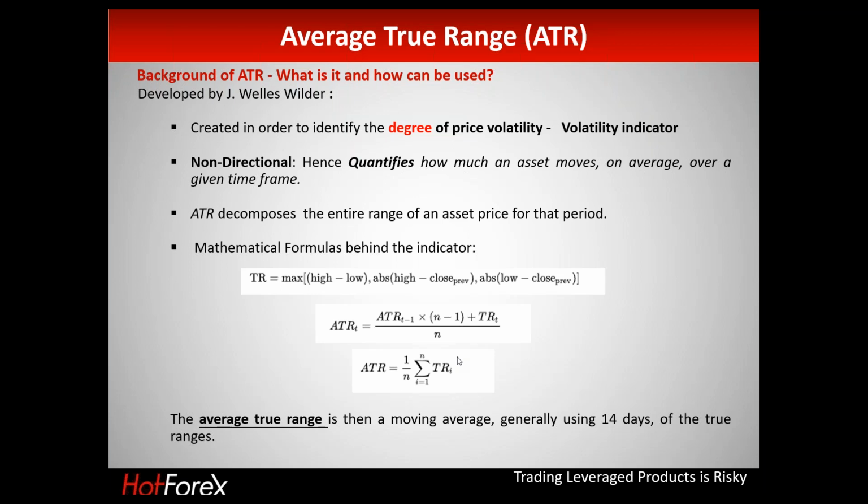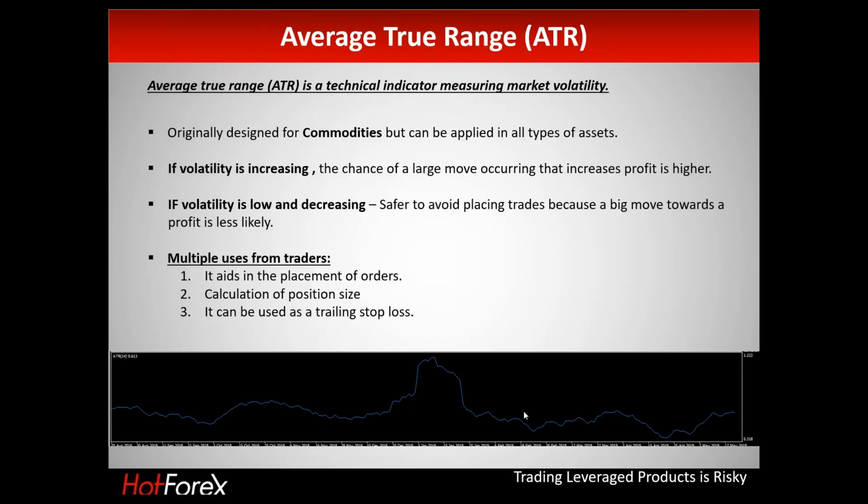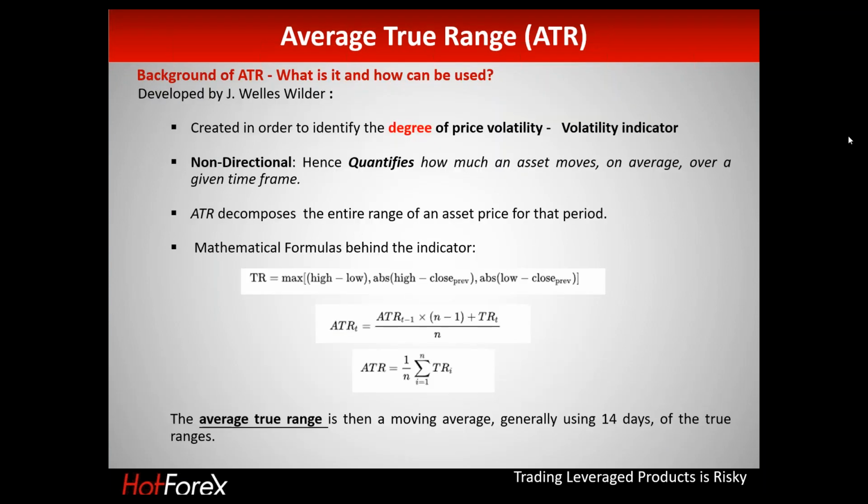So what we are actually seeing in our charts, and I'm referring to this one, is the average of the last 14 periods, depending on your time frame. So it's the average value of the past 14 days. Okay, this is what ATR is for.